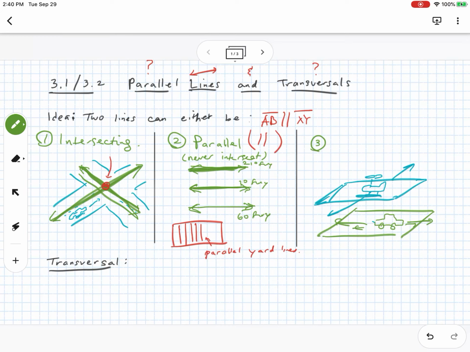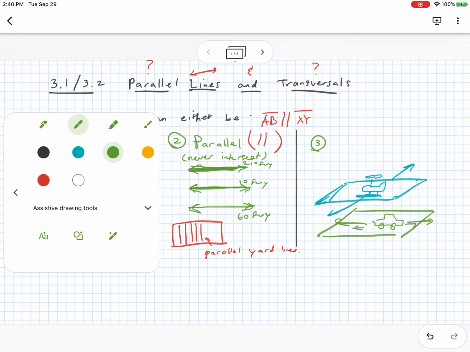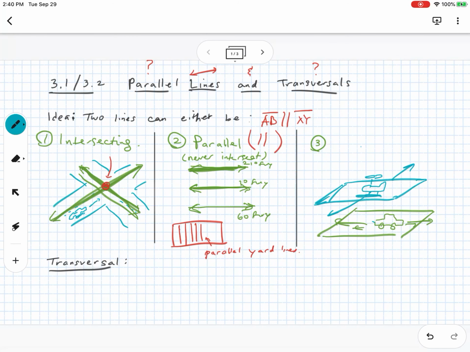No, because the helicopter stays in its airspace, the car stays in its space as well. And then even if we go a little bit higher than that, we have airplanes. Do airplanes, if they're doing what they're supposed to be doing, and helicopters and cars, intersect each other? No.